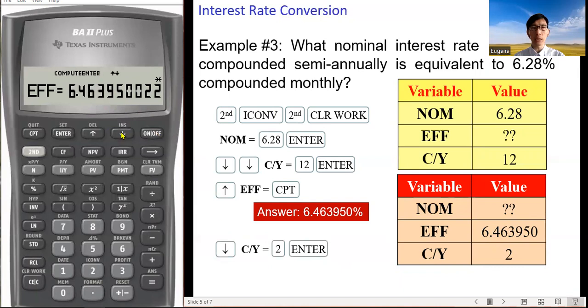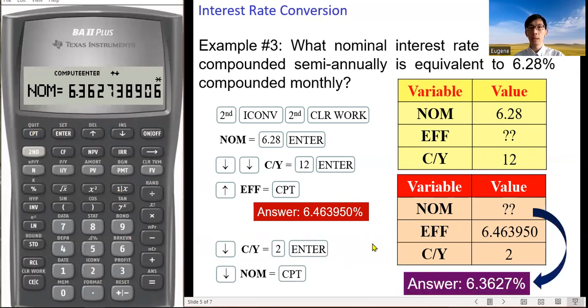Press the down arrow key to get to CY, enter 2, and then press the enter key. Get back to the variable NOM. Compute this variable, and then we get the answer. The nominal interest rate of 6.28% compounded monthly is equivalent to a nominal interest rate of 6.3627% compounded semi-annually.